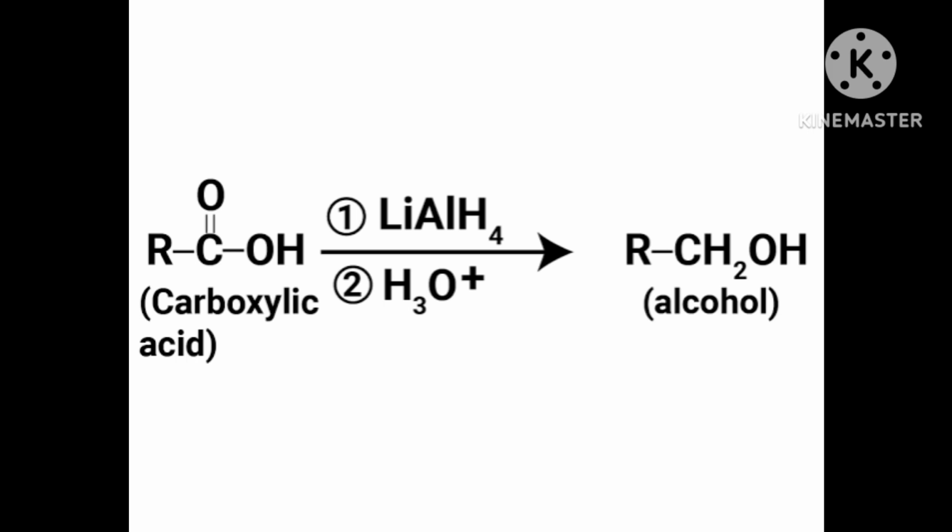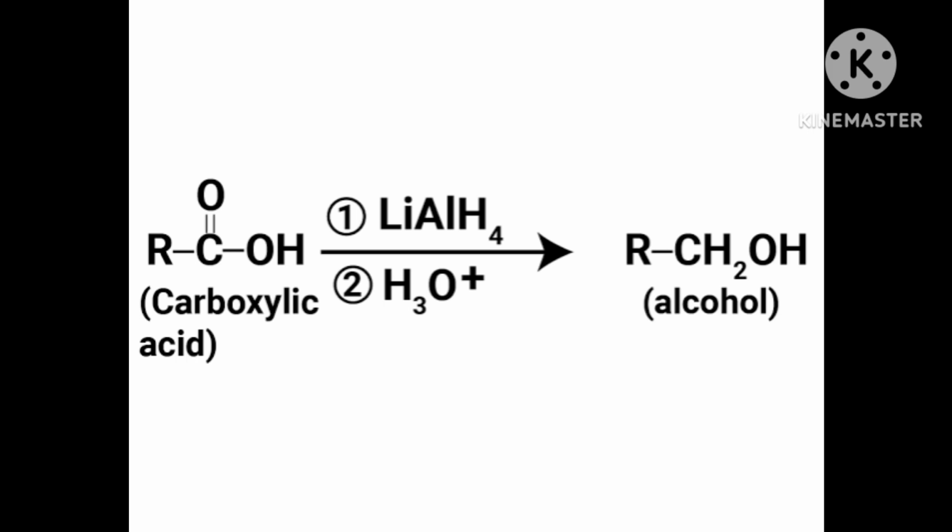Now when H went as H plus from ammonia, then N became negative, and that negative N joined with the positive carbon. Now the N-C bond is formed. But now on nitrogen two more H are there.